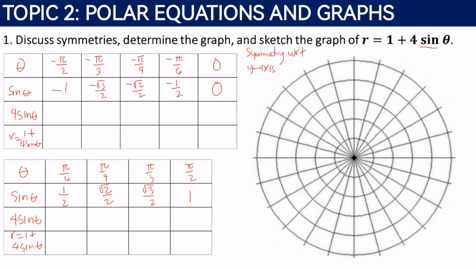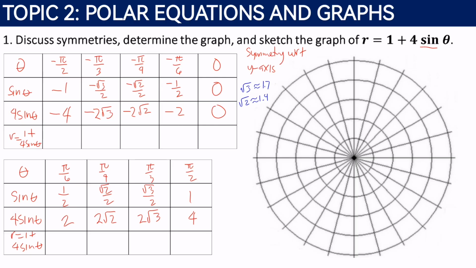So 4 times the value here. So this is negative 4, negative 2 square root of 3, negative 2 square root of 2, negative 2, 0, 2, 2 square root of 2, then 2 square root of 3, and 4. Take note that square root of 3 is approximately 1.7 and square root of 2 is approximately equal to 1.4.